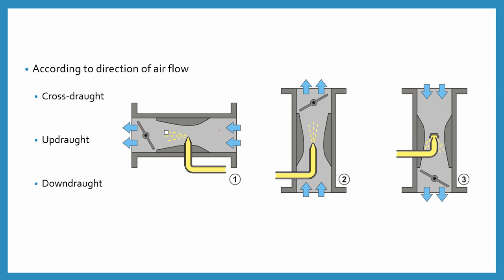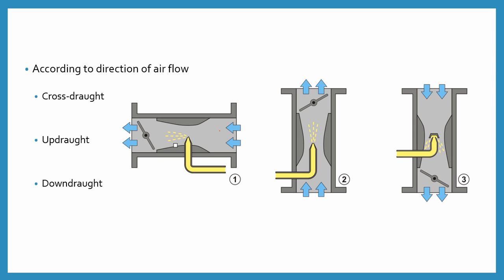A cross draught carburetor basically consists of a horizontal mixing tube with a float chamber on the side.